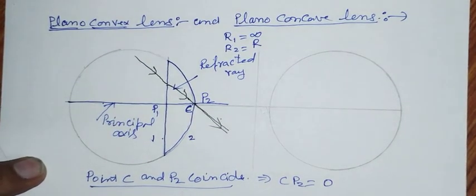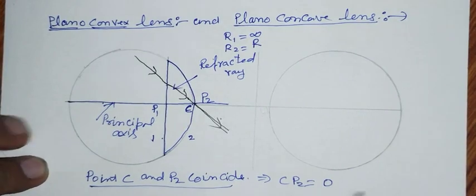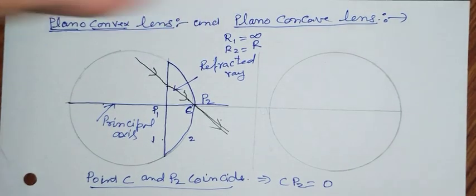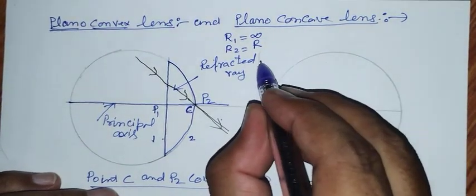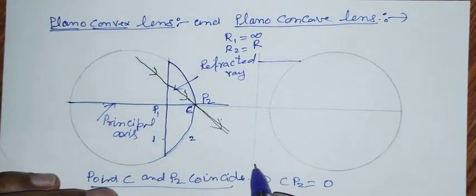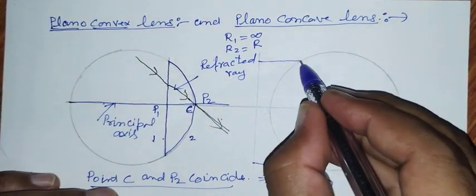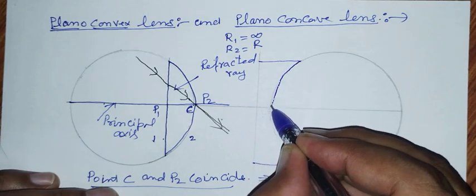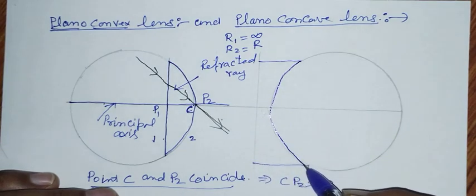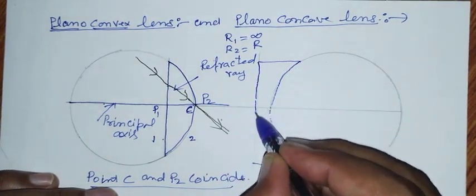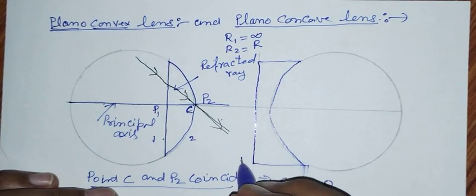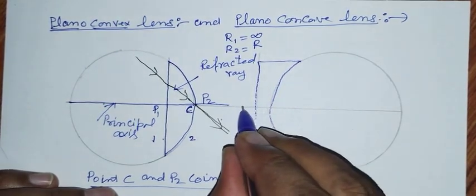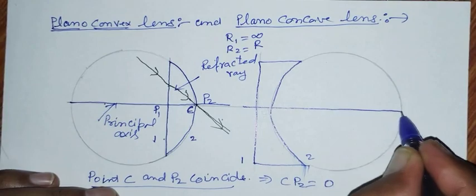The same situation occurs in the case of a concave lens. Let us see this concave lens situation: first side, second side, principal axis.